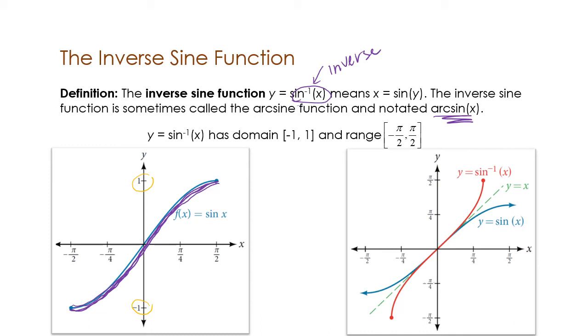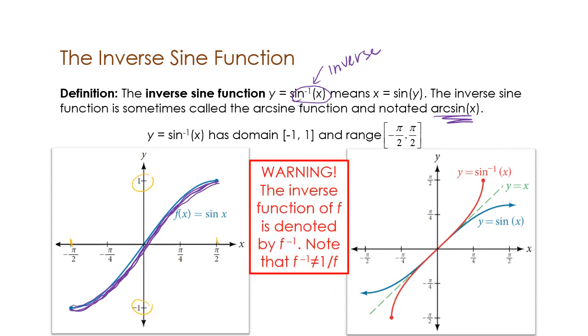And then the range is going to be those x values, between negative pi over 2 and pi over 2. We have to restrict that domain so that if I say the sine of what equals 1/2, you have just one solution, so it's one-to-one. And again, just remember this does not mean to the -1 power, even though I've been saying that. It's a notation.